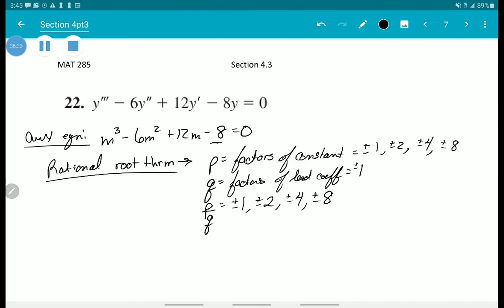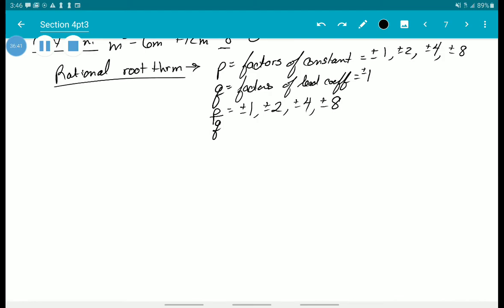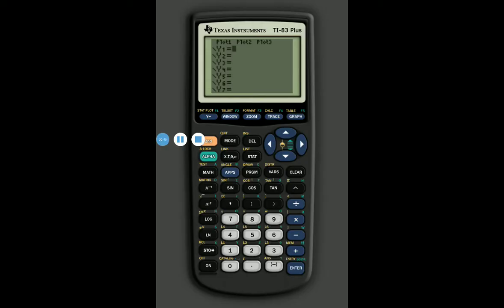Now, we are hoping that all 3 roots will be in this list. So let's see. This is where you're going to want to use your calculator. So I'm going to go to y equals, and I'm going to type in my function. I'm just using the calculator to do a lot of quick computations here.